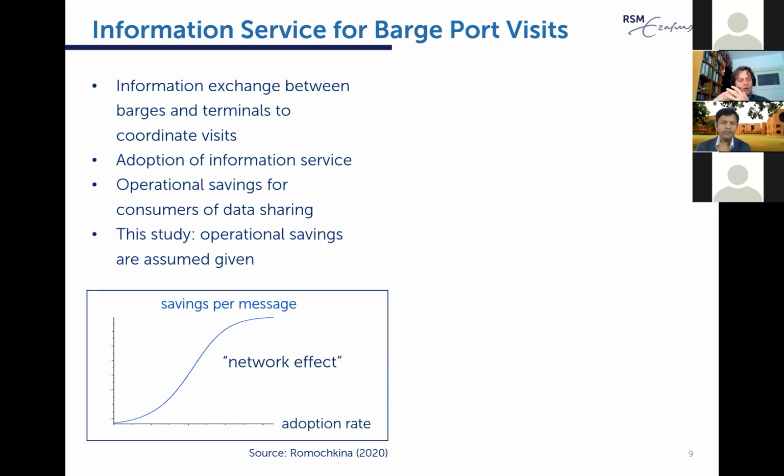If you can coordinate action in such a rotation of barges, you can imagine that the more parties actually adopt this service, and that's the graphic that you see here. On the horizontal axis, you see the adoption rate, so the number of companies that actually participate in the information sharing. You can imagine that the savings per message grow. If you're the only one using the collaborative system, your value basically is zero, because nothing really happens.